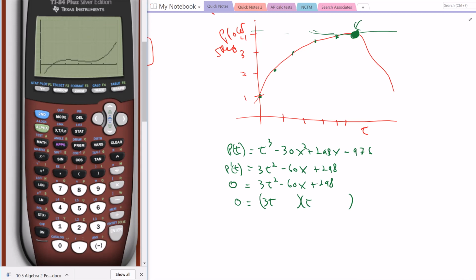We already looked at the graph, so here's a hint. One of them is going to be t minus 7 because there's an x-intercept at 7, and the other one is probably going to be plus something. Well, no, they both have to be minus.